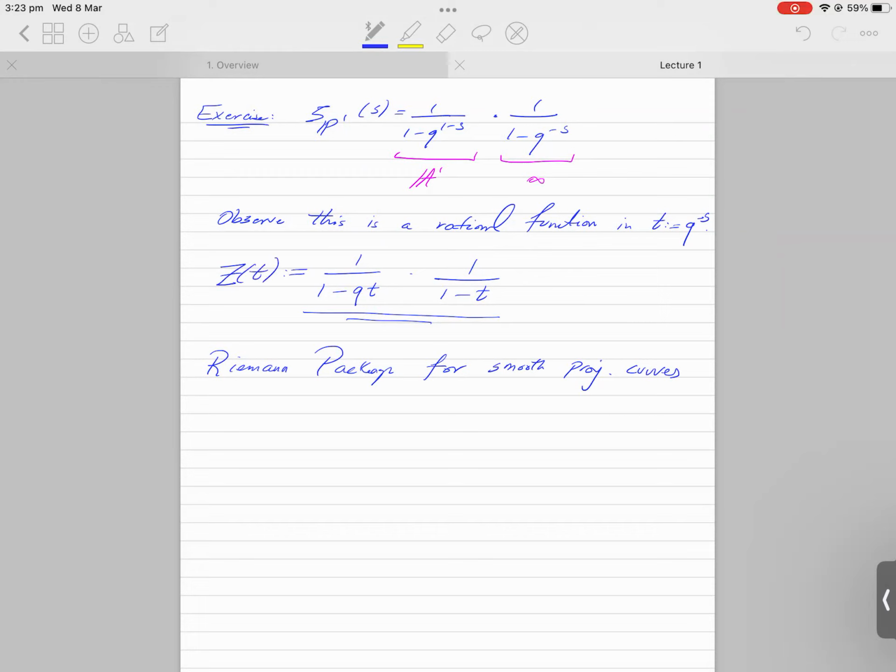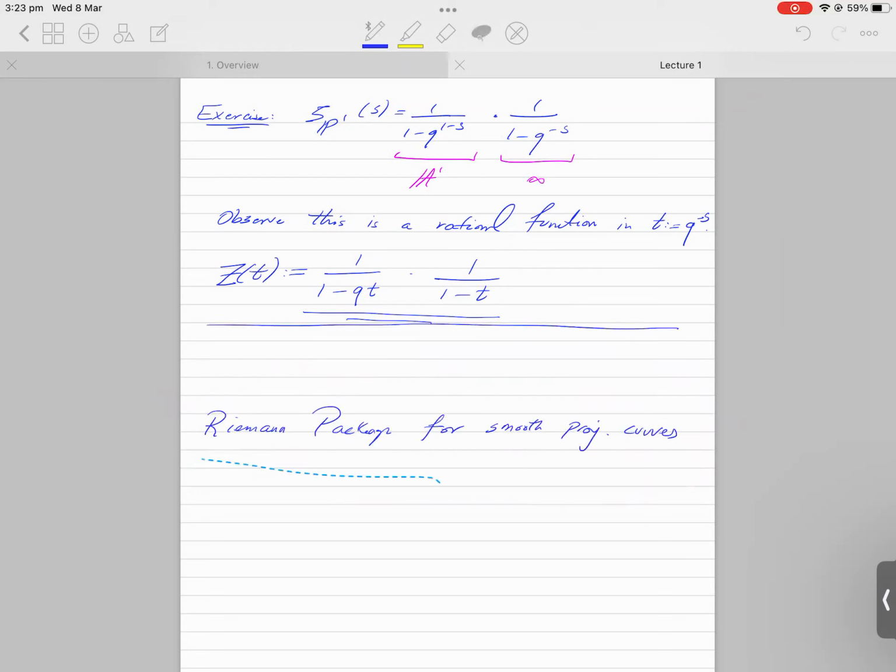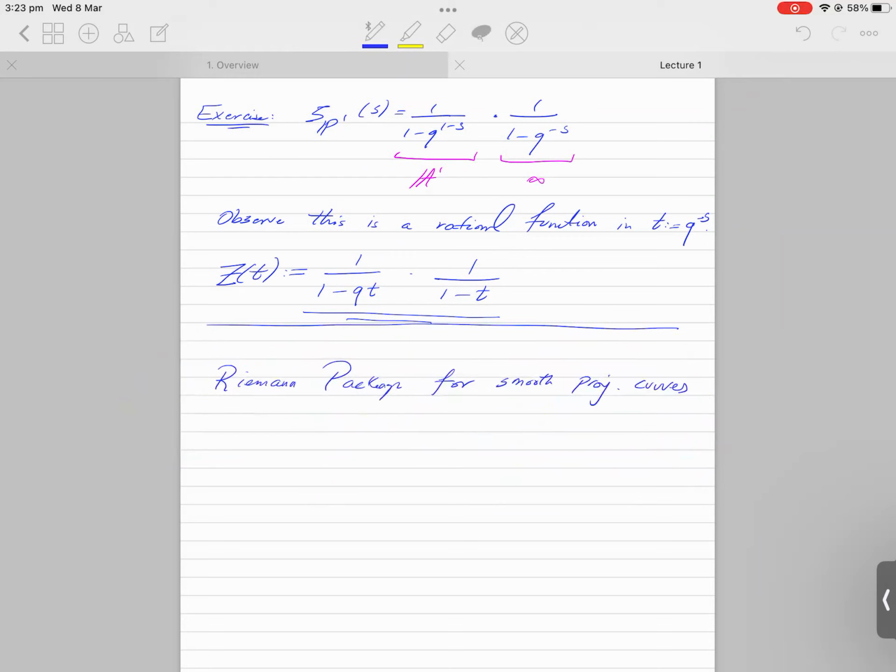Generally, let X be an arbitrary smooth projective curve over F_q, and I define Z_X(t) to be, it's just a convenient way of writing, well, this is the zeta function.